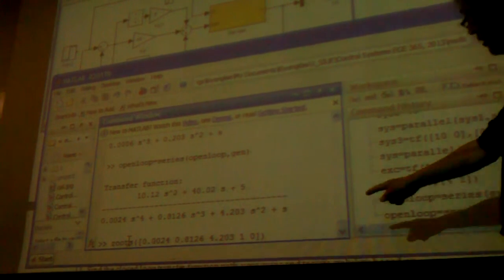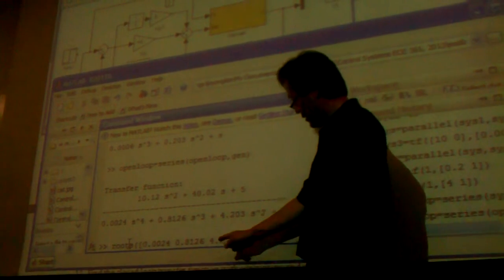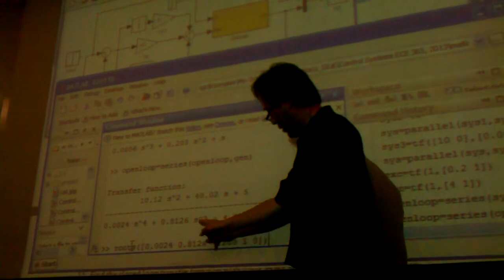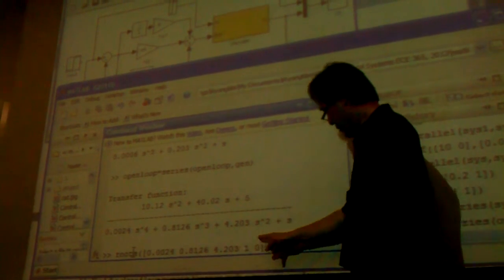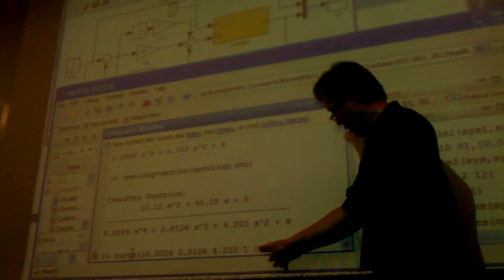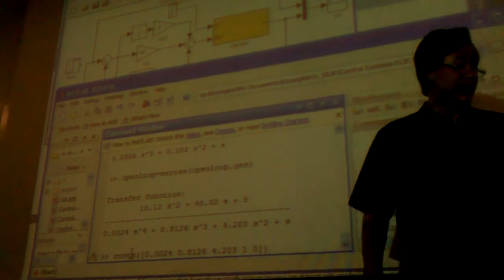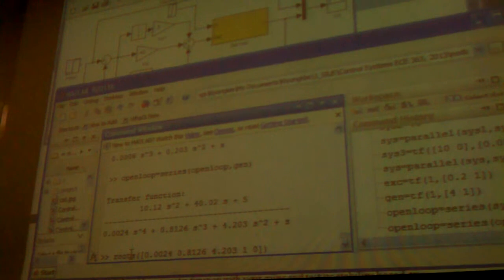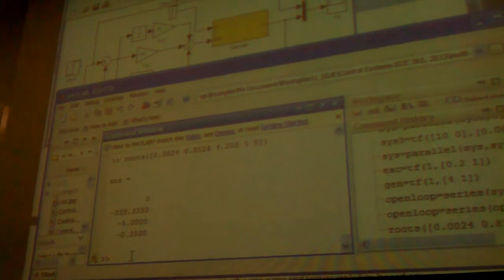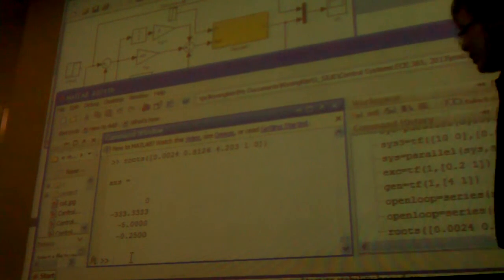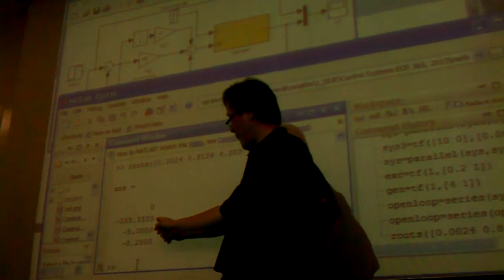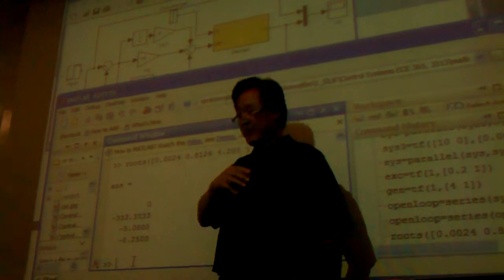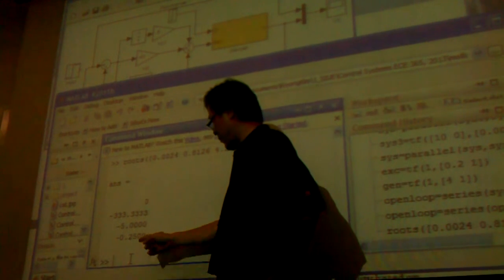So this one I wrote here: first order, third order coefficient, second order, fourth order, and there is no constant term. So if you have this, then it gives 4 poles. Obviously 0. So there is 1 pole in the very left side, and 5 and 0.5.